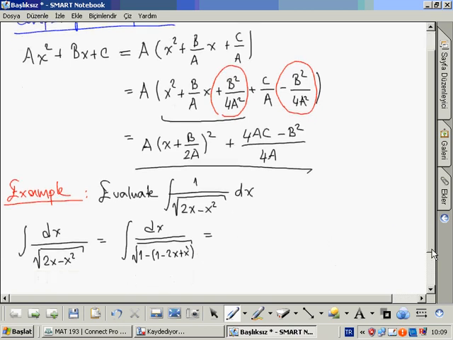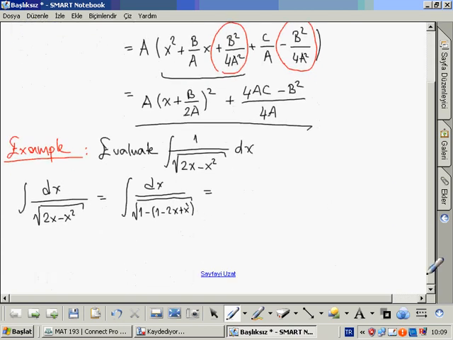As you see, I have just added and subtracted 1 in the denominator. So our denominator will be the square root of 1 minus (x minus 1) squared, and let's choose u as x minus 1.